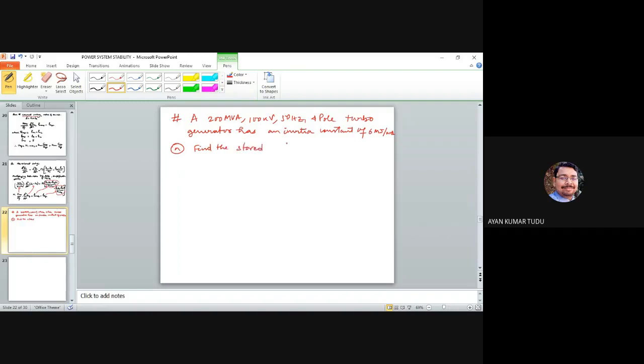Find the stored energy in the rotor at synchronous speed.